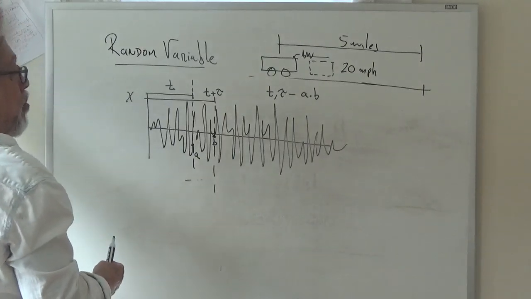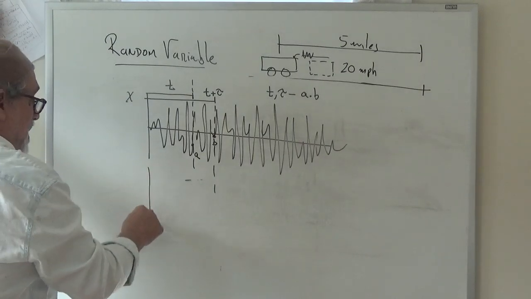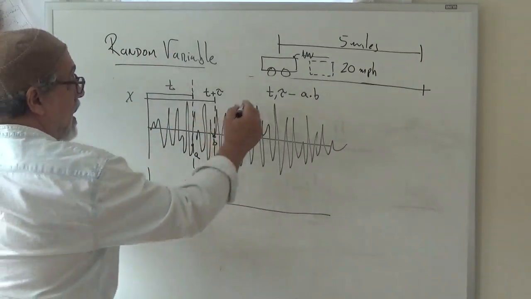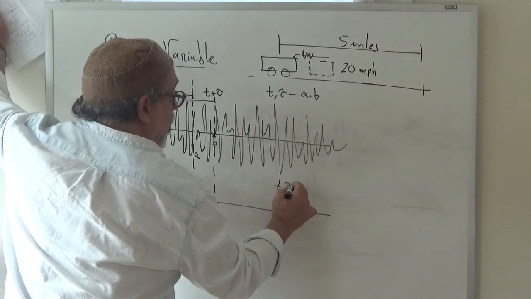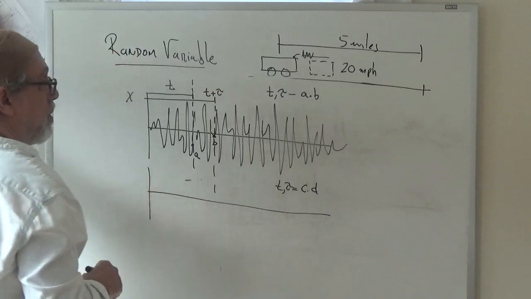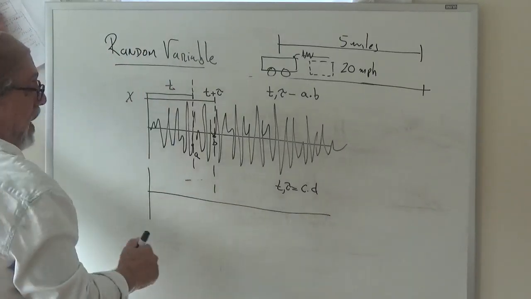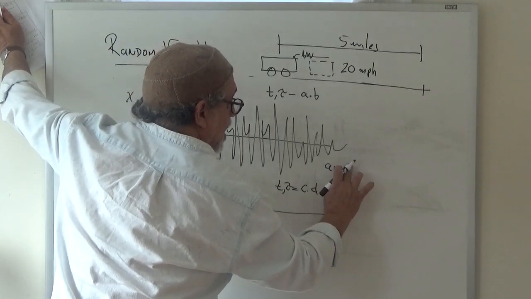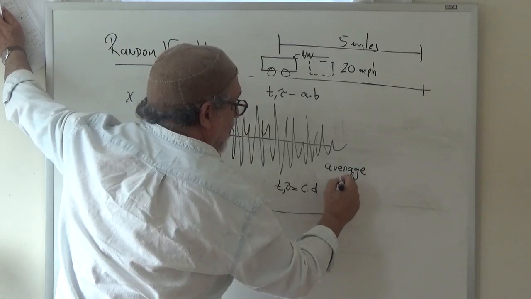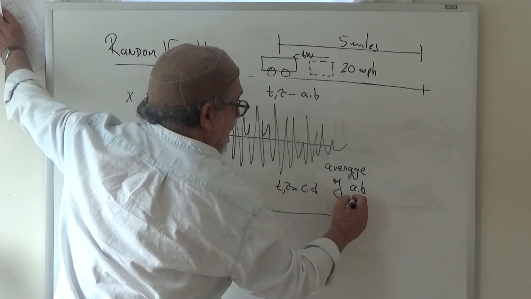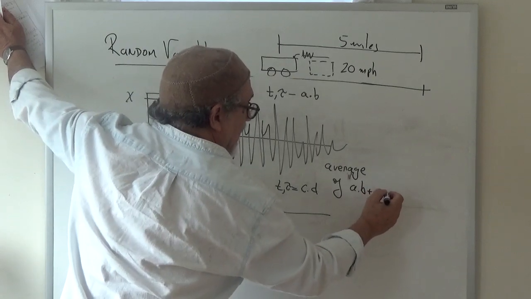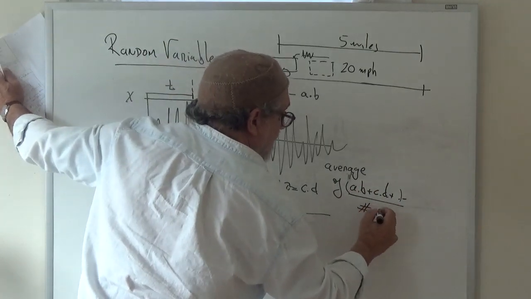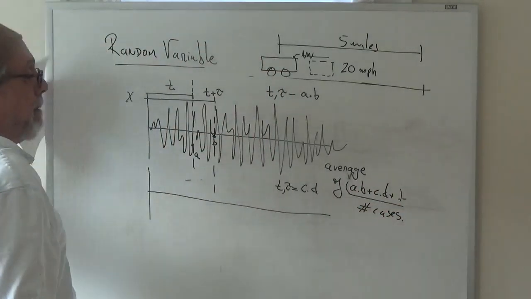Again, if I am really literally doing this across the ensemble, that means that there is another one here, right? And then here, at the same t and tau, we will have C and D, and I could multiply it. And if I did that all over the place, and we took the average of A times B, C times D, plus all of those, divided by the number of cases, right?